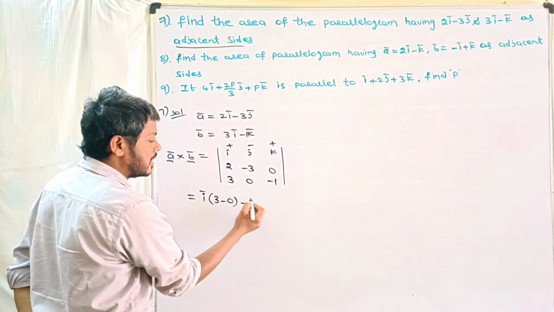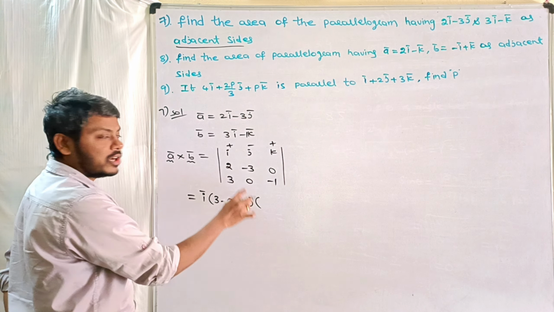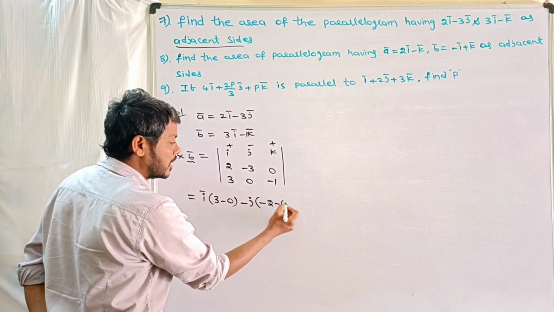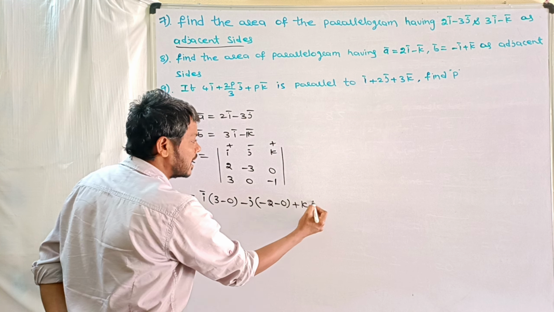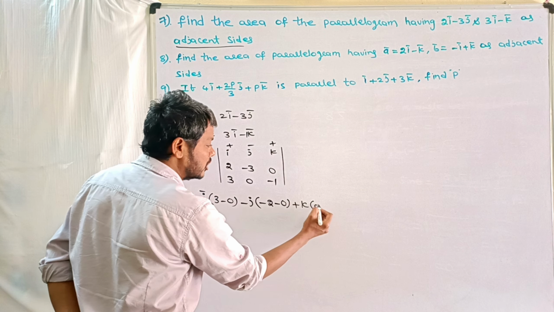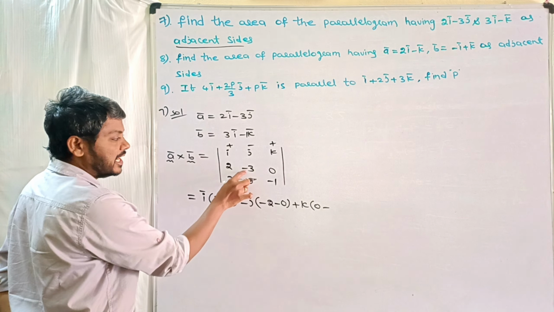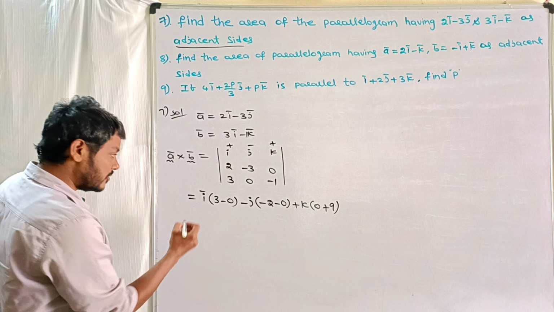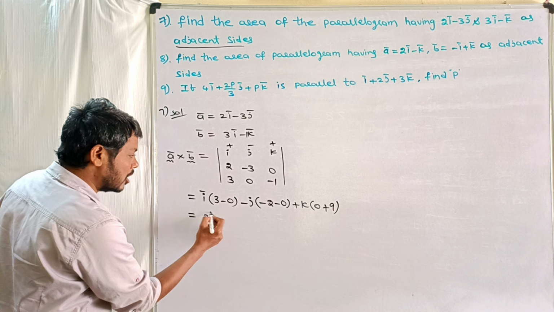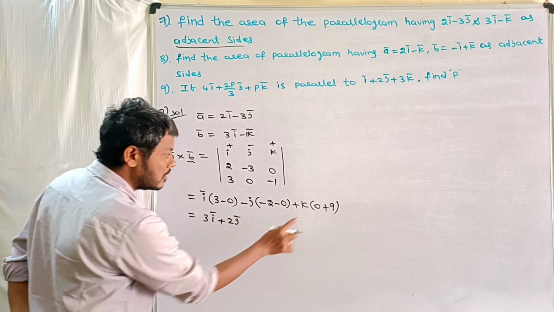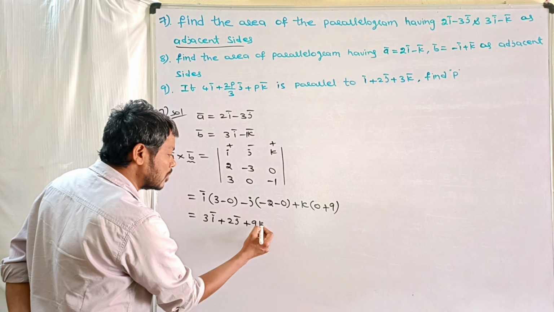Next minus J into: delete the corresponding row and column, 2 into minus 1, minus 2, and minus 0. Plus K into: delete the corresponding row, corresponding column, 2 into 0, 0 minus 3 into minus 3, minus 9. You will get plus 9. So which is what? 3I bar minus into minus plus 2J bar plus 9K bar.